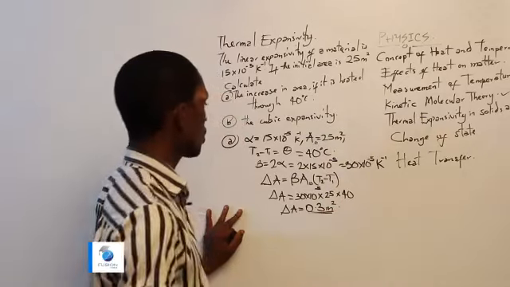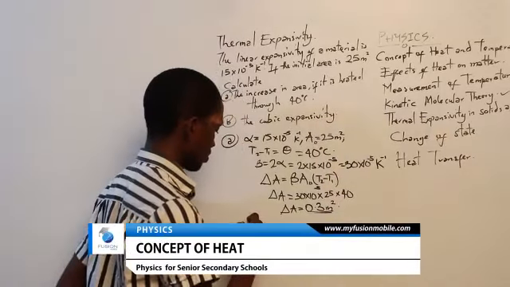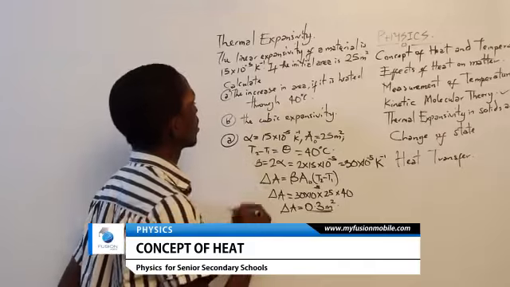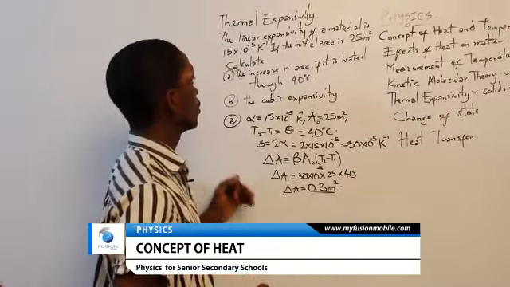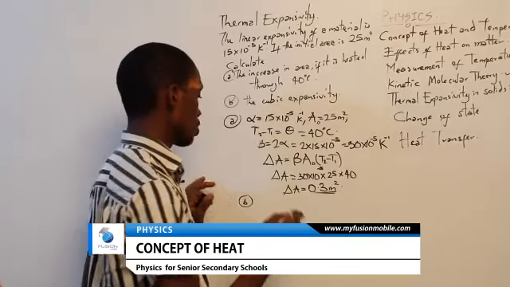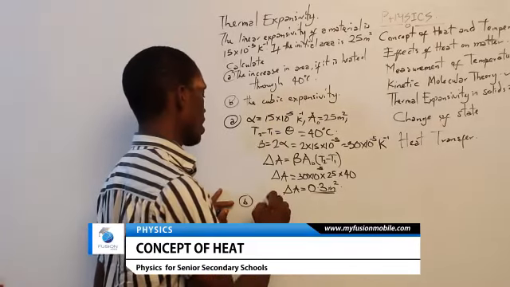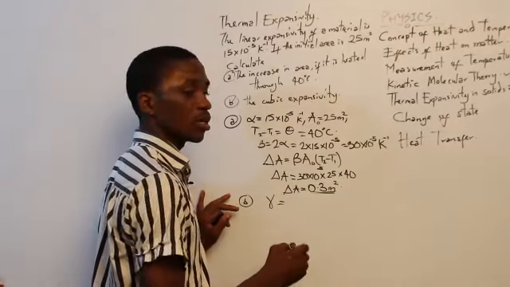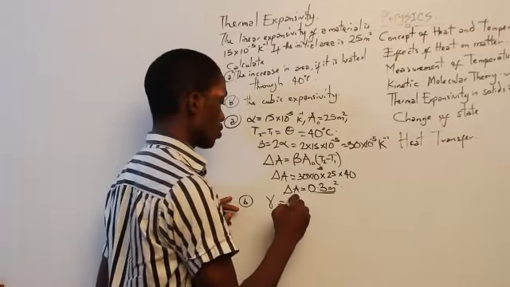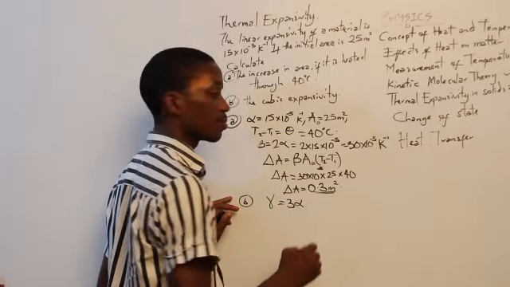And the second question is on calculating the cubic expansivity of the material. Of course, we know our cubic expansivity is represented by gamma, which is always equal to 3 alphas.